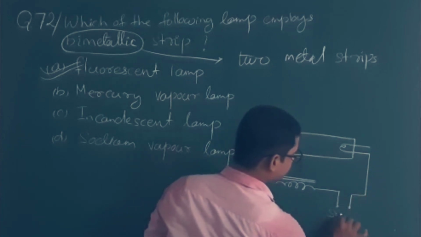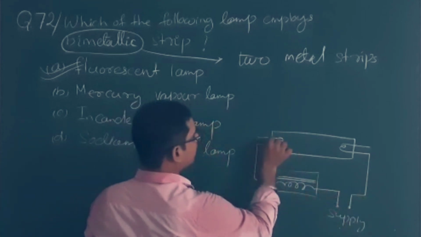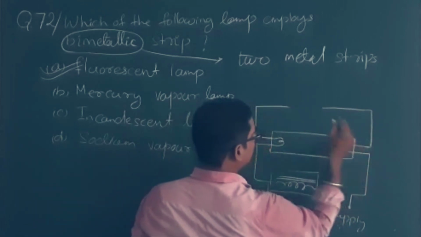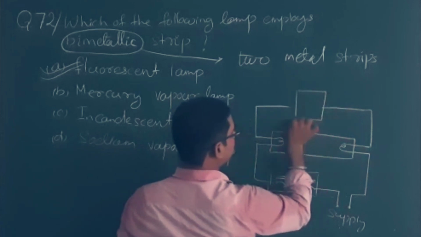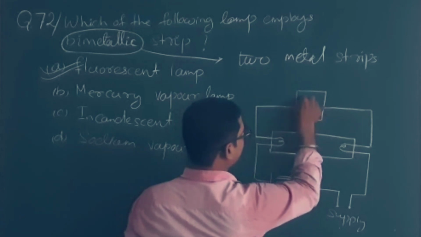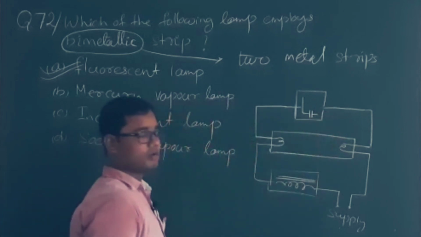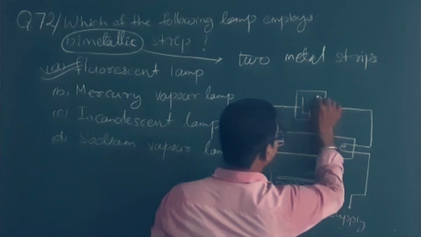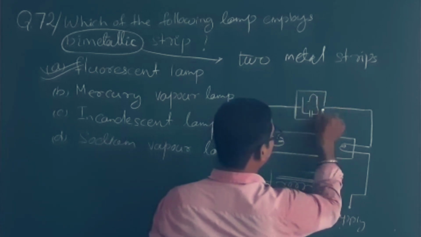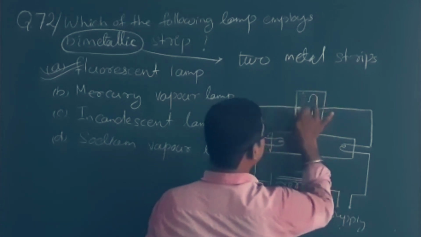This is your supply, and from here the starter is present. That starter has a capacitor, and the capacitor has one bimetallic strip like that. So this strip is so connected.